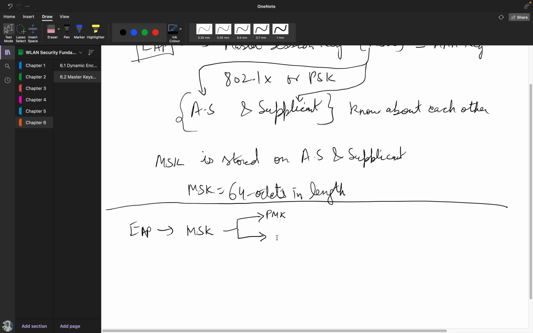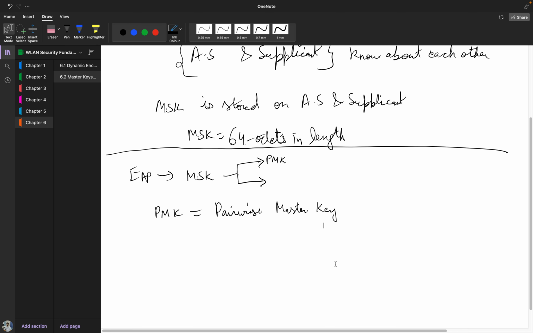Now the MSK, which is coming from EAP, now becomes the seeding material that is used to create the PMK. The PMK is called pairwise master key. Now again, a PMK also resides on both the supplicant and the authentication server.